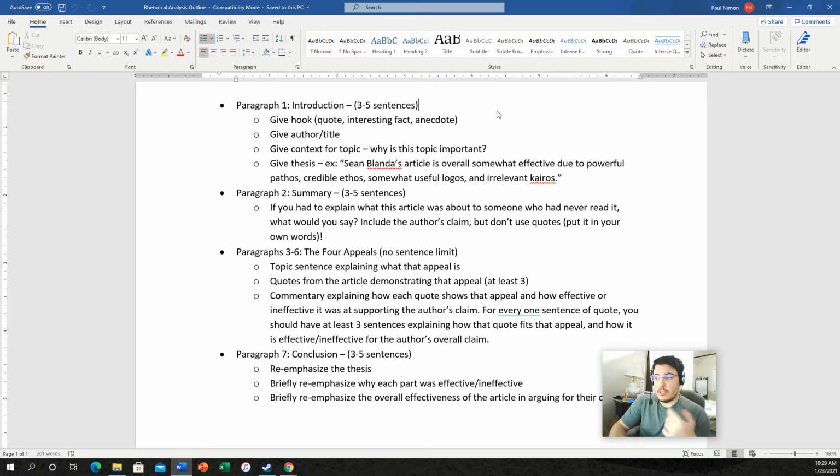If you think that the ethos was irrelevant, then mention in your thesis irrelevant ethos. If you thought the pathos was inappropriate, then mention inappropriate pathos in your thesis.